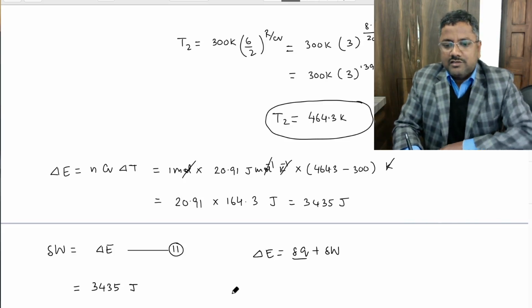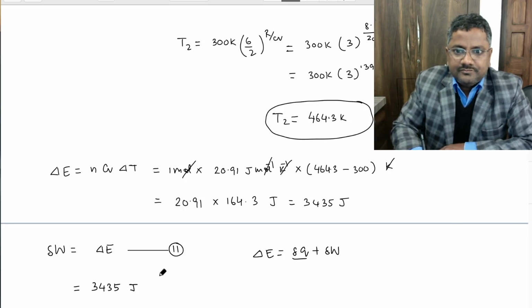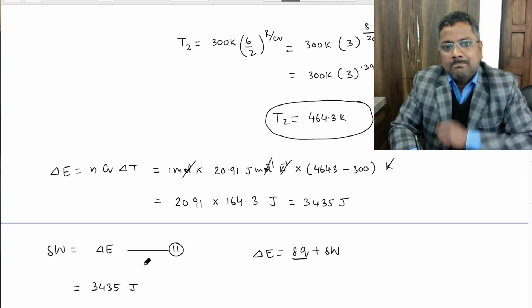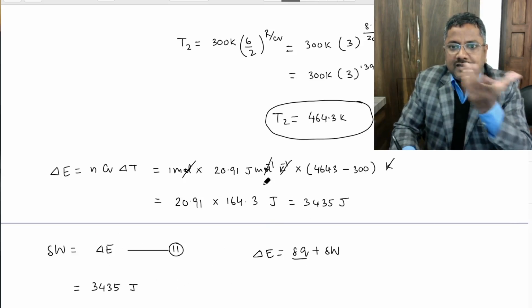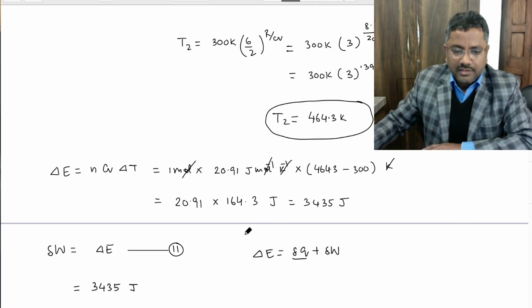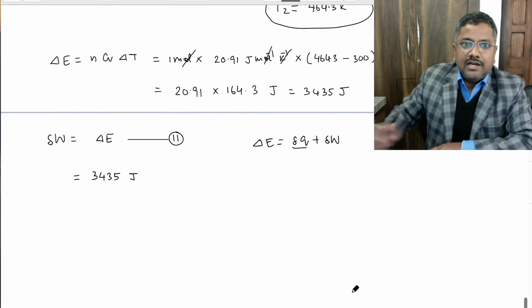So work is equal to 3435 joules. It is PdV work, and compression, yes, okay.